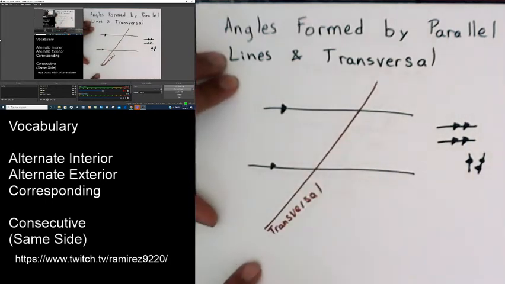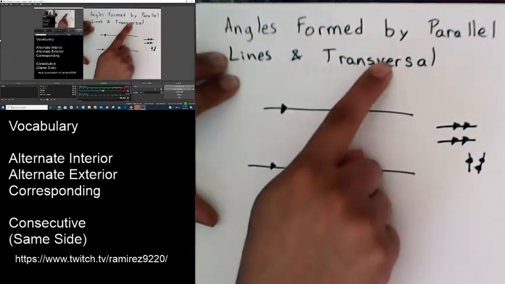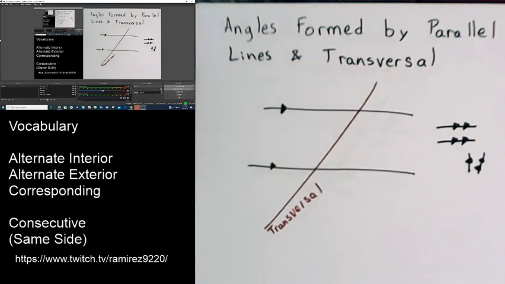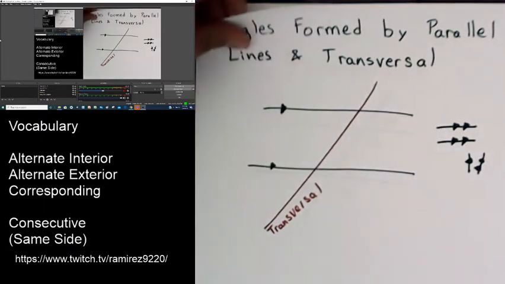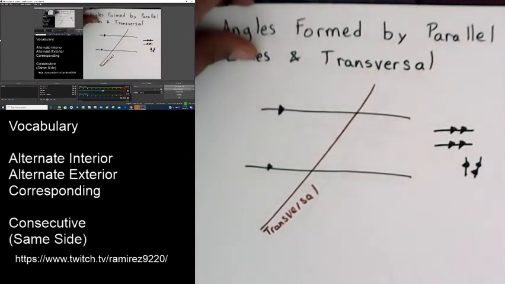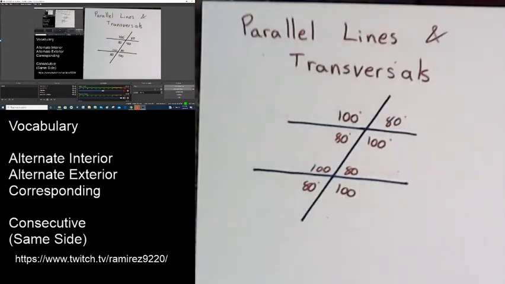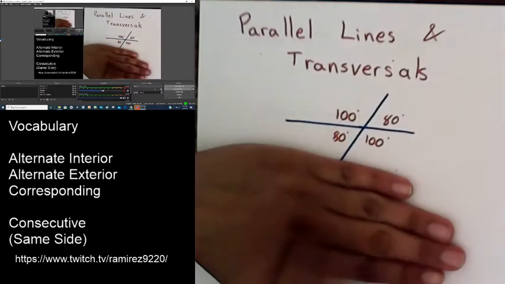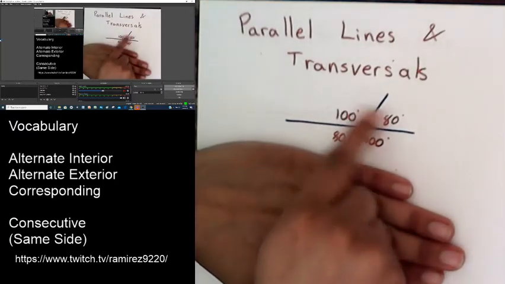The line that goes through my parallel lines, that's called my transversal. And I already talked in the previous video about how in general we end up with the following angles. So in this scenario, we were just assuming that if this one was 100, then that had to be 80.